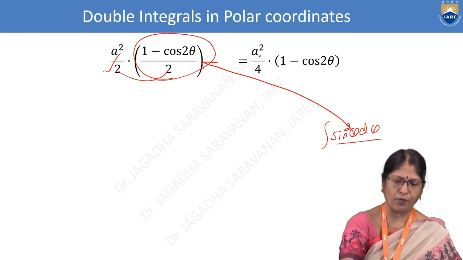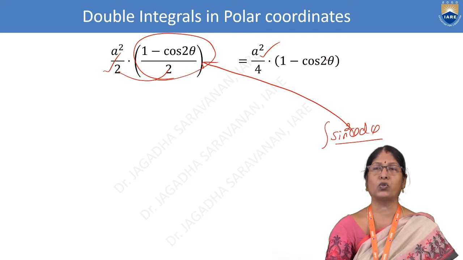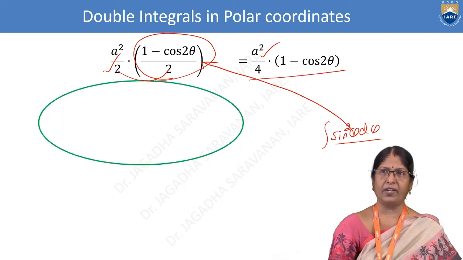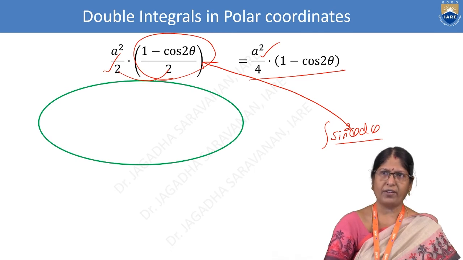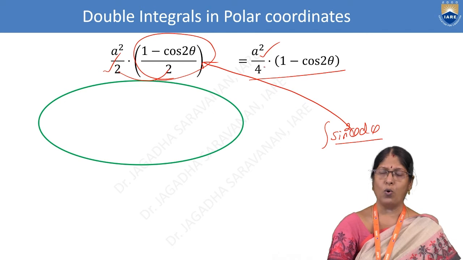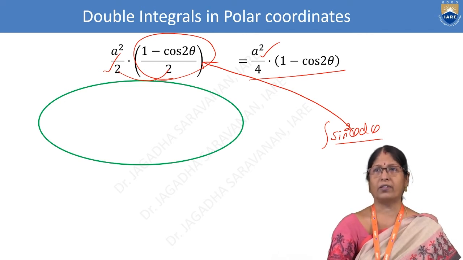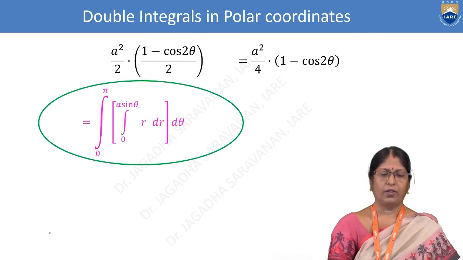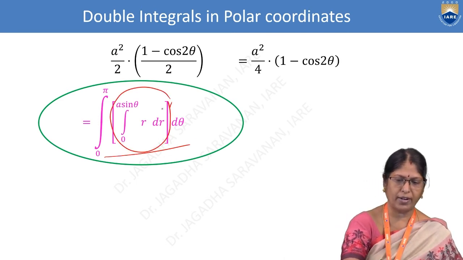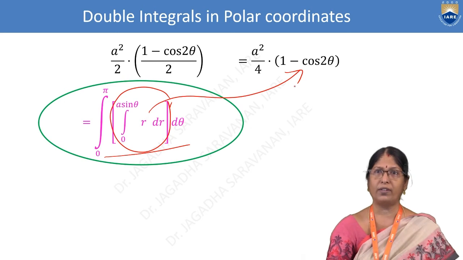A square by 4, 1 minus cos 2 theta. So the interior integral we integrated, and the result we got is a square by 4 into 1 minus cos 2 theta.